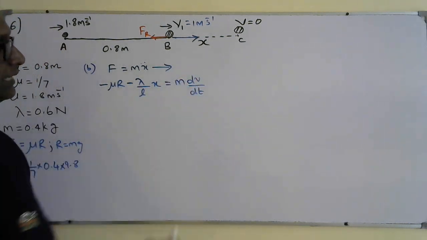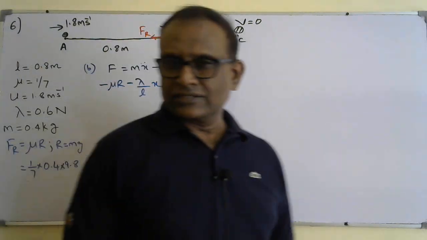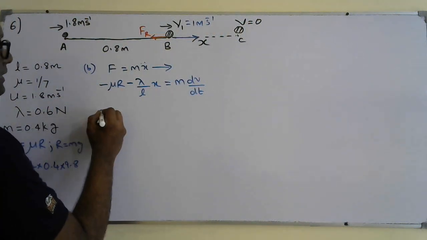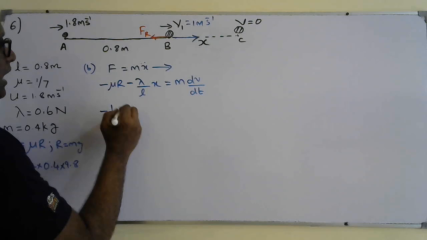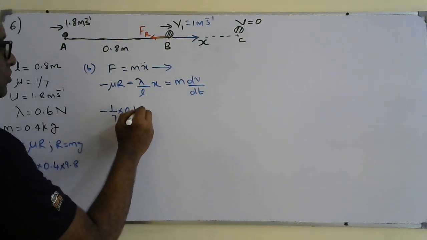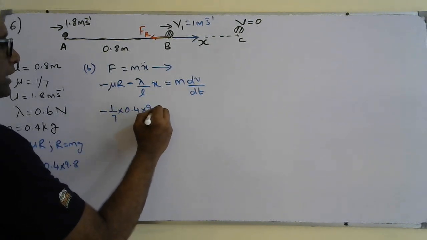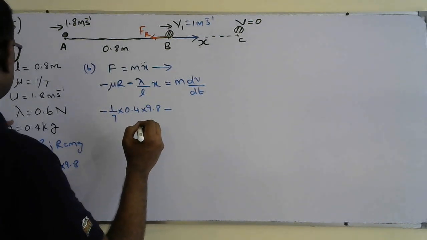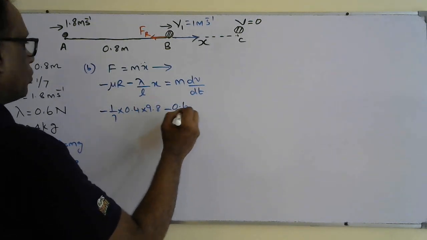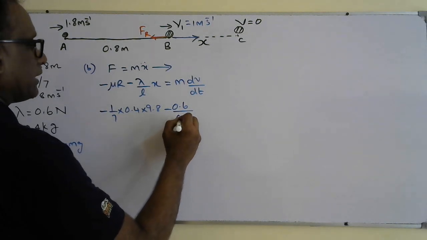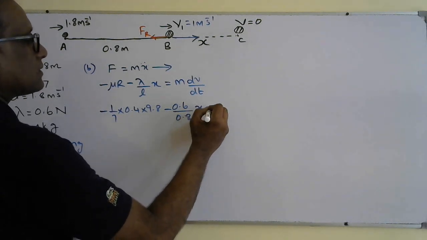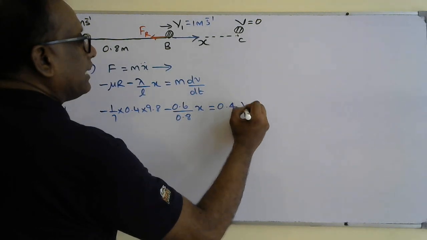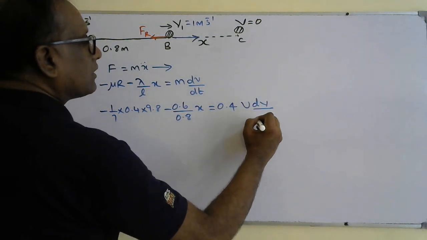You know that dv over dt could be written as v dv over dx. Several times we came across that. We'll substitute the values. So minus mu R is 1 over 7 R, you know that, 0.4 into 9.8, that is mg, minus lambda is 0.6 over length 0.8 x equal to m, 0.4 v dv over dx.